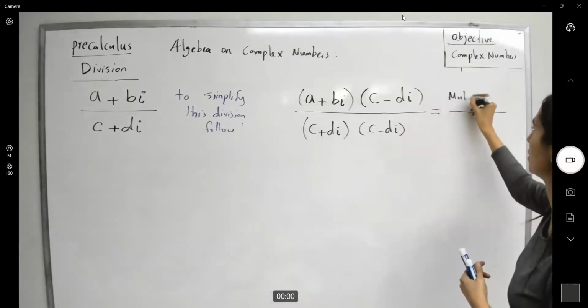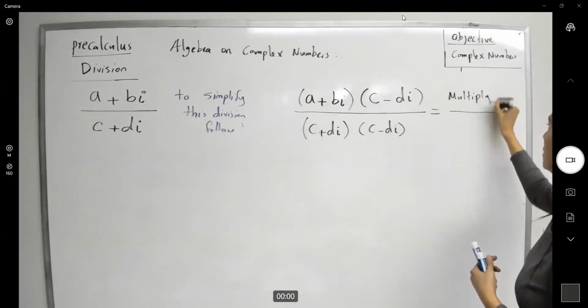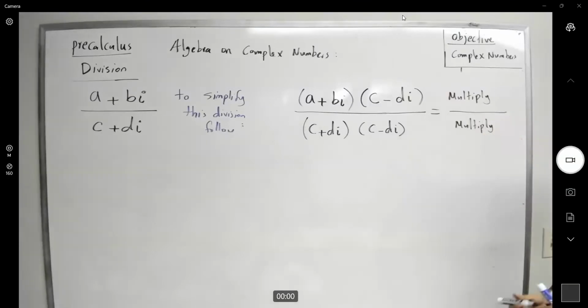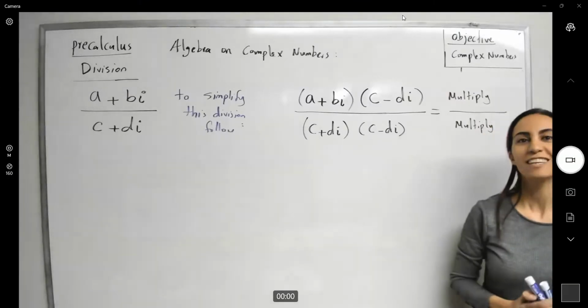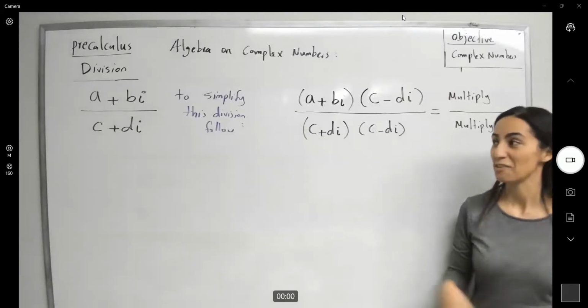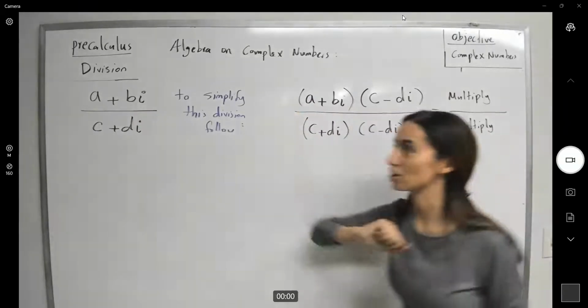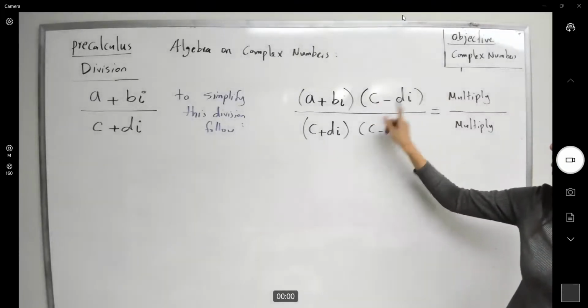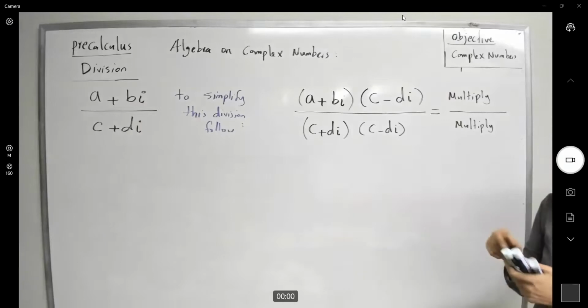Multiply, and then multiply. This is the method that we use when we are dealing with the division between complex numbers. This guy is called the conjugate of the denominator.